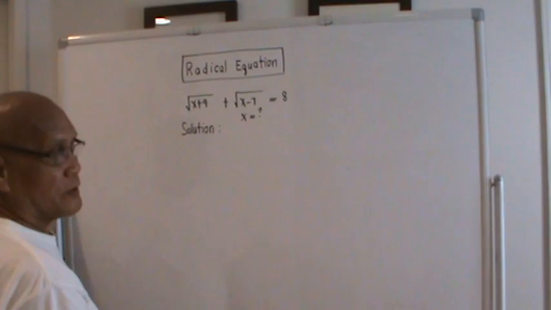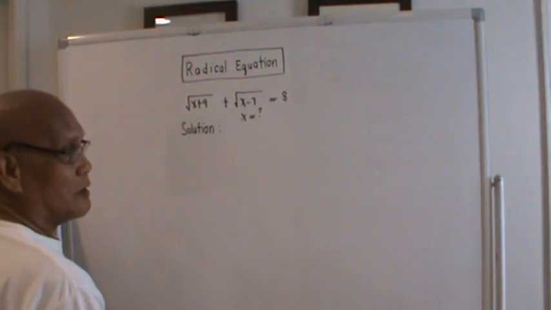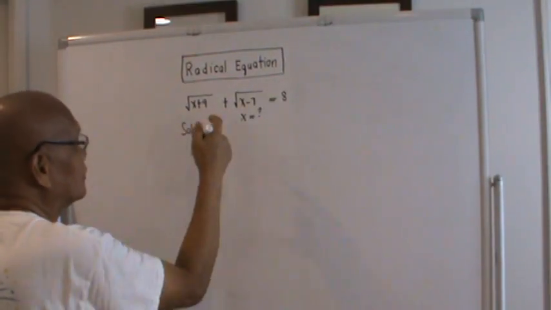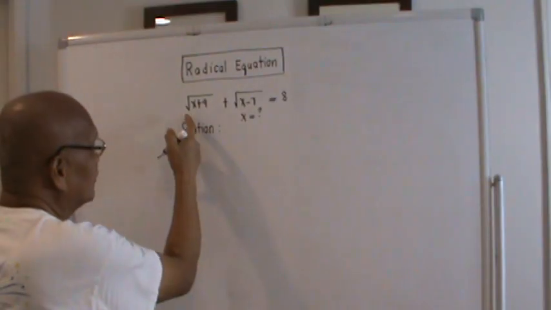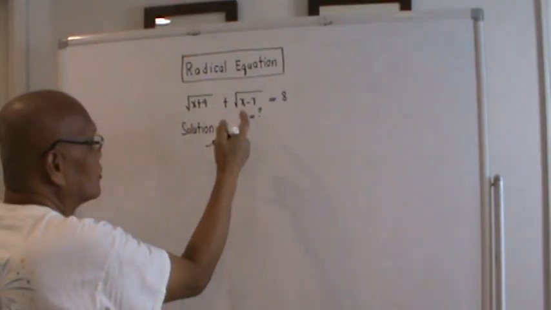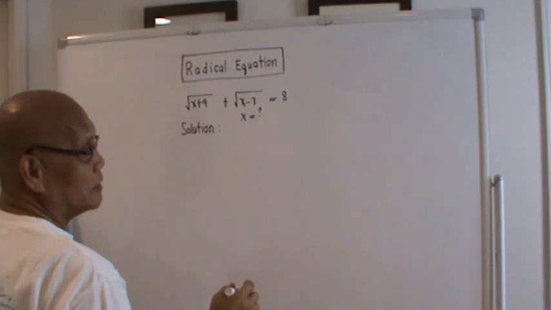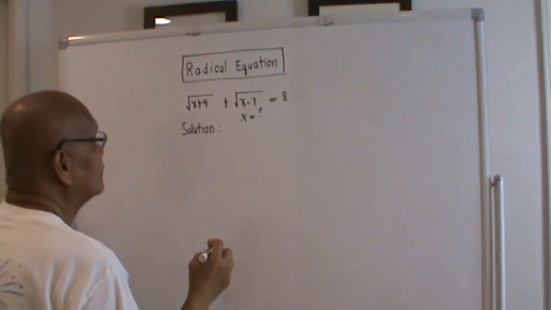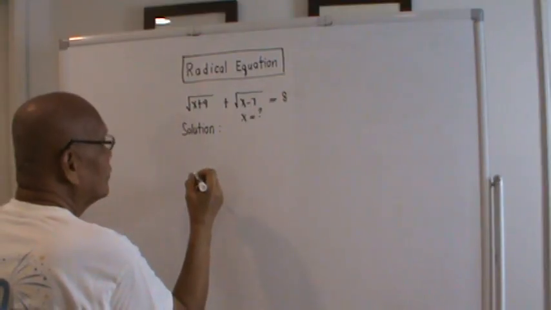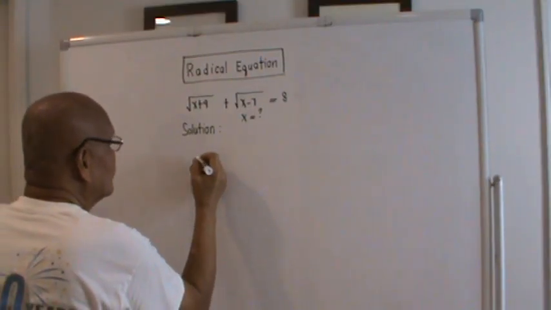The first step on how to solve this one is actually to eliminate the radical signs. This is a square root, this is a square root, meaning the exponent is actually 1/2. So what do we do?